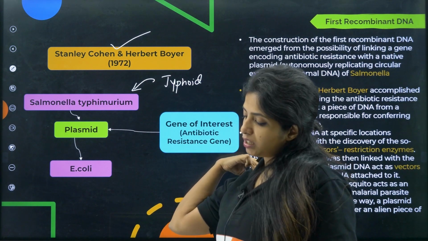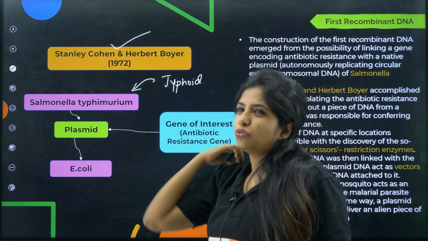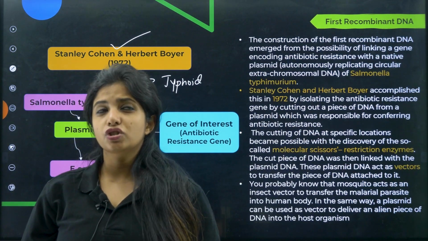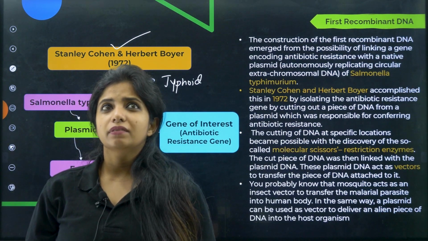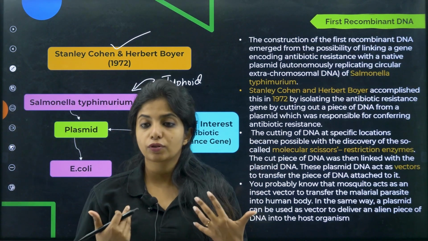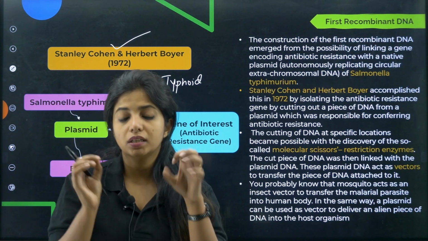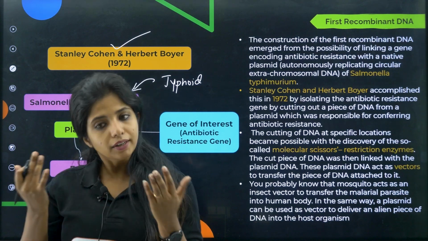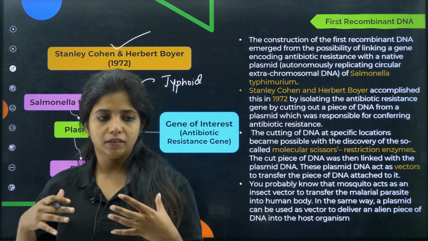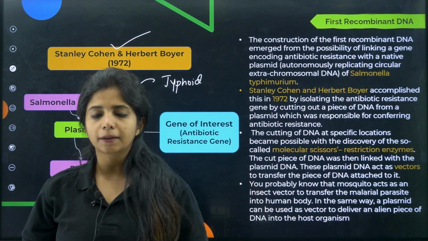Now they were under this procedure that we need to find out certain things. We need to talk about certain antibiotics, like they were in this quest of finding out things. So for suppose I am putting ampicillin on Salmonella typhimurium, it will die because ampicillin is an antibiotic. Antibiotic as in it will kill the bacteria, right?